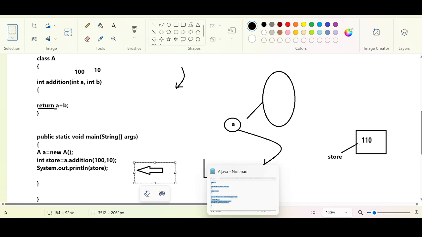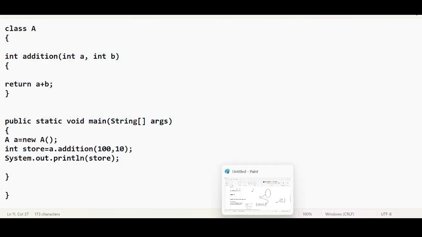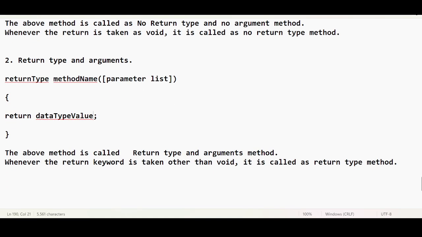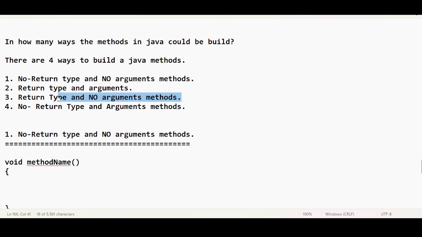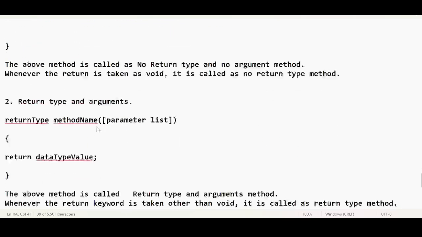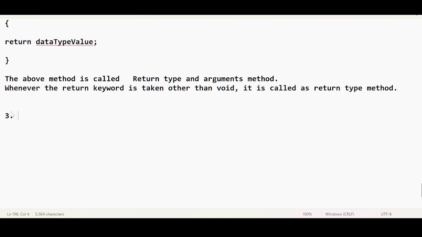So this is all about the method with return type and arguments. The next thing is the method with return type and no arguments. There are some cases where you will not take any arguments, but you have to return something. For example, a return type and a method name.